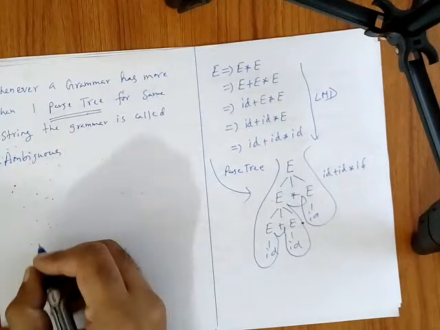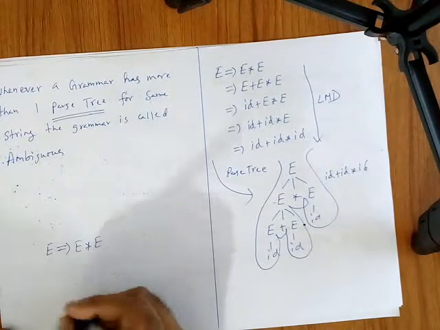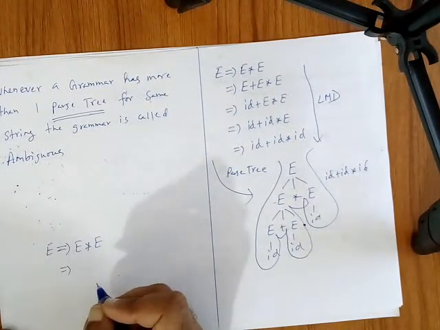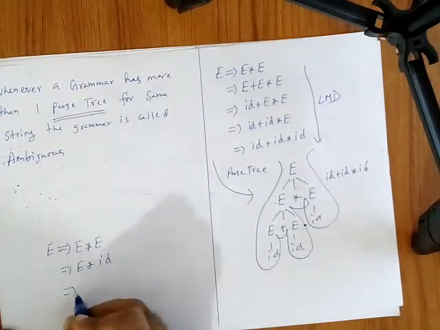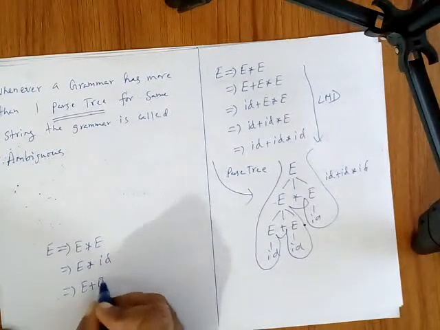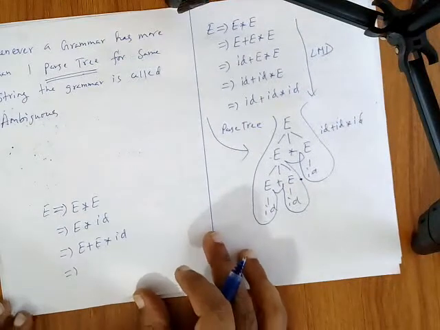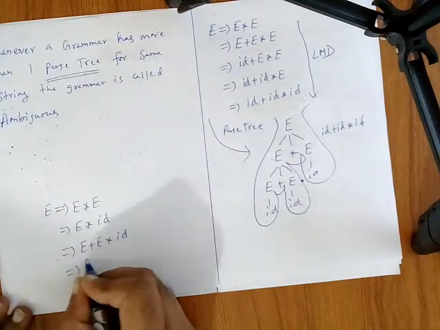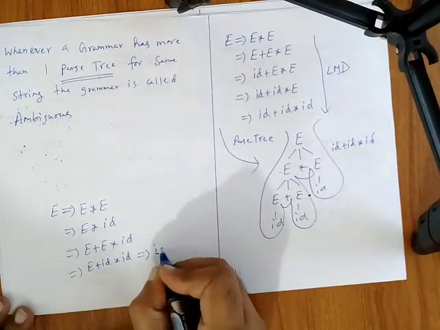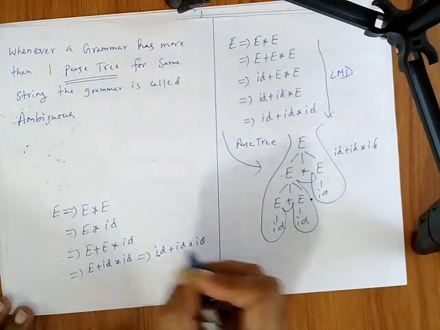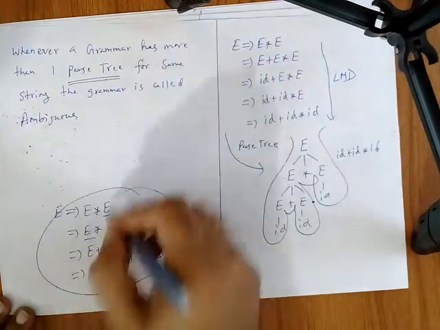See, E derives E plus E, then E plus ID, then this E becomes E star ID. So replace this. But it also has the same parse tree.